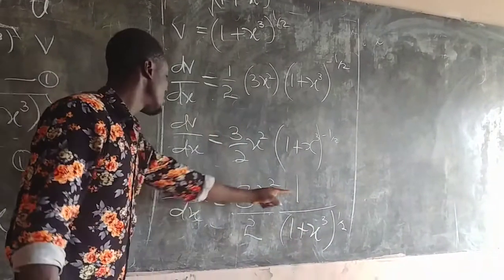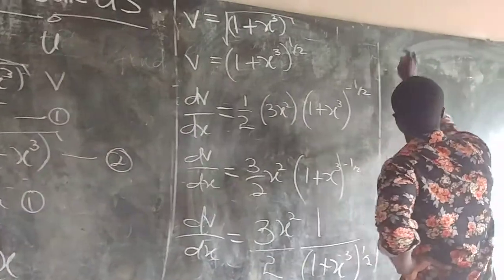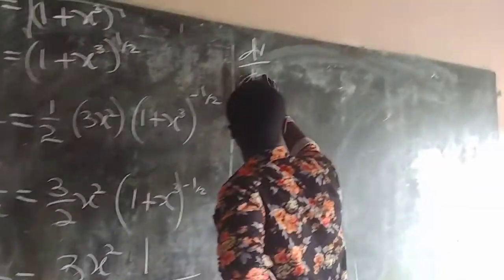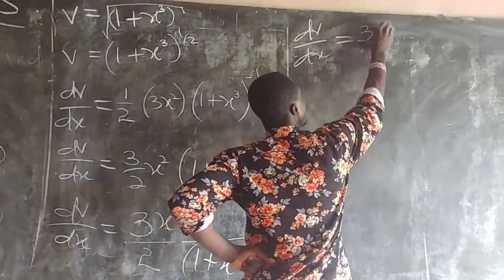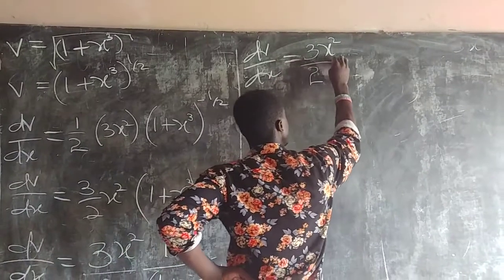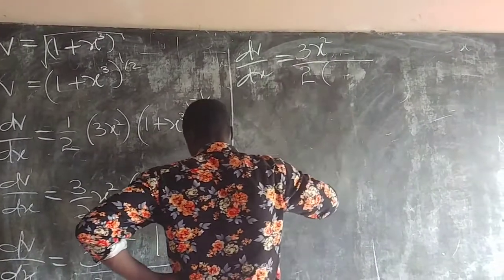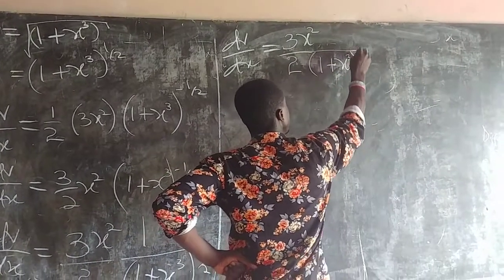And don't forget, if you multiply 1 by this, you get the same answer. So your dv/dx will be equal to 3x squared over 2 bracket 1 plus x cubed exponent 1 over 2.